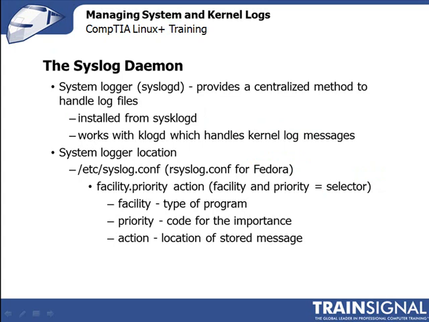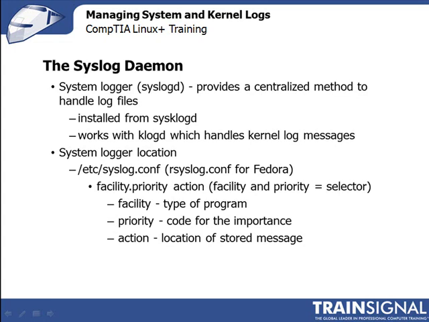The Linux system generates its own log files, then some programs generate them as well. What you end up with is an extremely large number of files that, left to manage individually, could become, well, unmanageable. A system logger provides a centralized method to handle log files. Syslogd is a daemon, which as we know runs in the background, and it takes data from servers and programs that are set up to use it.